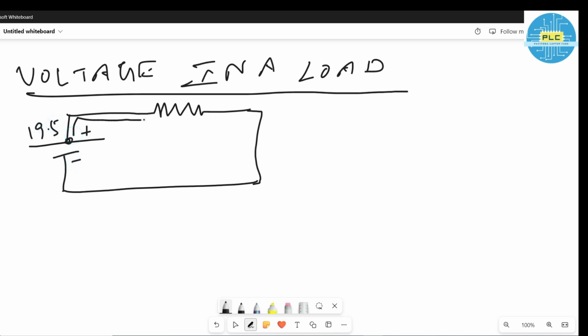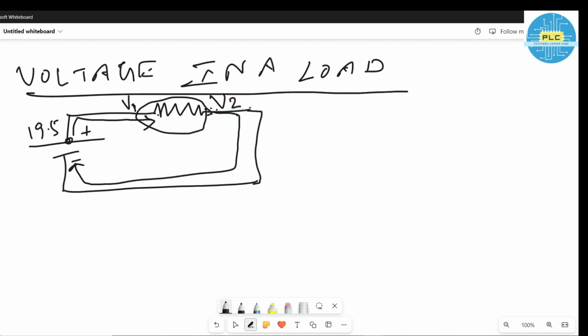From here to here we call the potential difference V1, because the continuity will be the same from here to here. After this load the continuity will differ, so that's why it's called V2 from here to here. There are no other components, so till here to here the continuity will be there, so it's called V2.